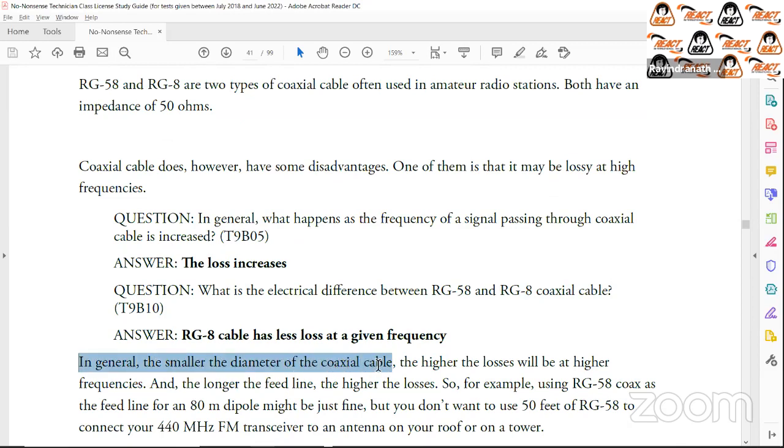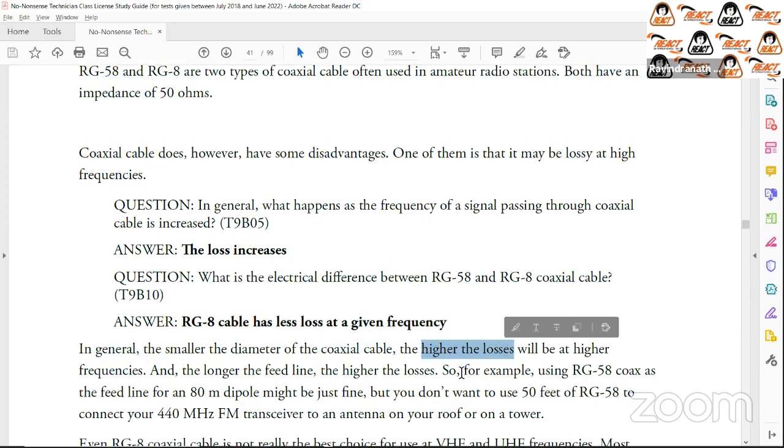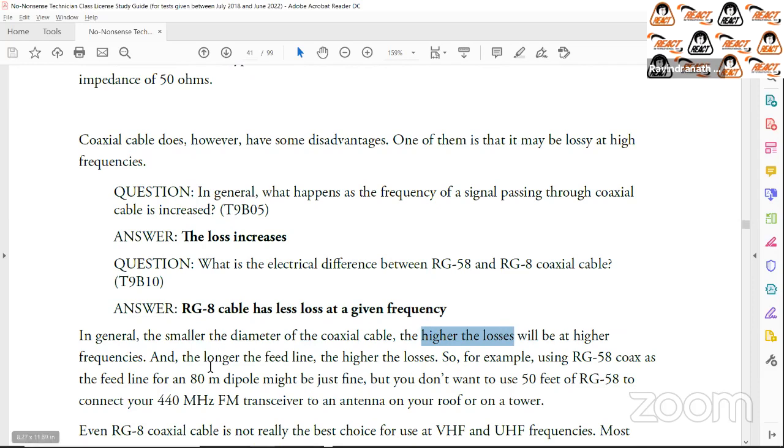And we made this point earlier, the smaller the diameter of the coaxial cable, the higher the losses. Notice this is in general, so always take a grain of salt with some of these generalized statements, because you may see some very thin cable that is low loss as well. But in general, the smaller the diameter of the coaxial cable, the higher the losses will be. You could think of it as the smaller the cable, the more resistance will be encountered by the signal traversing.